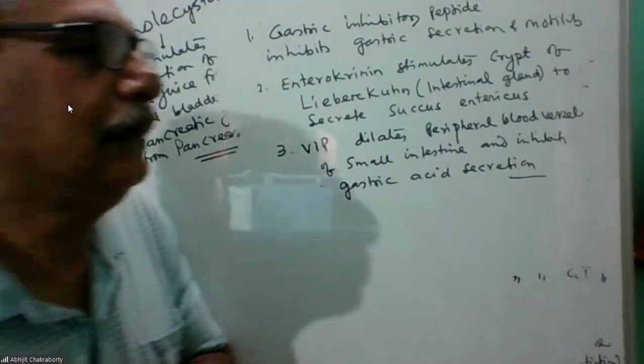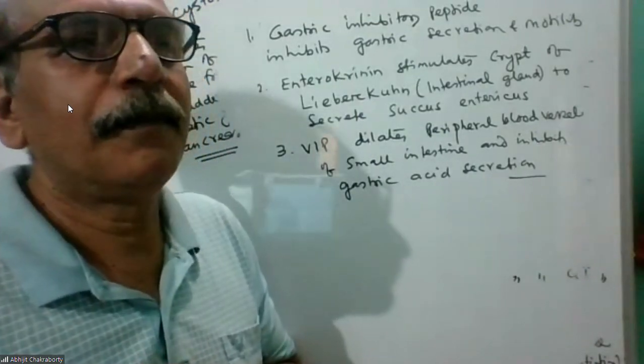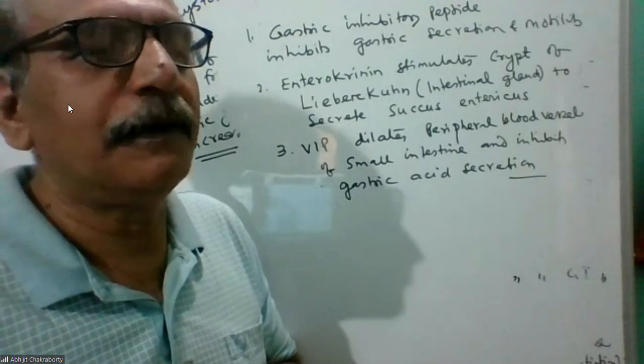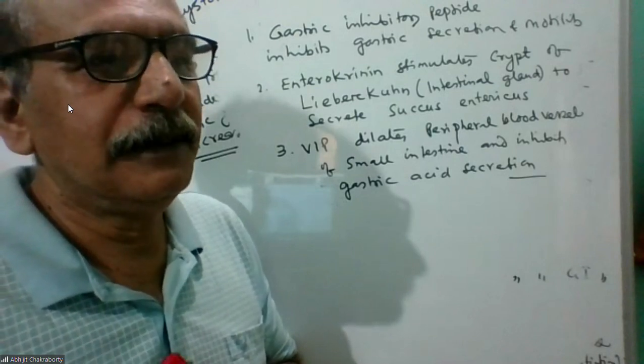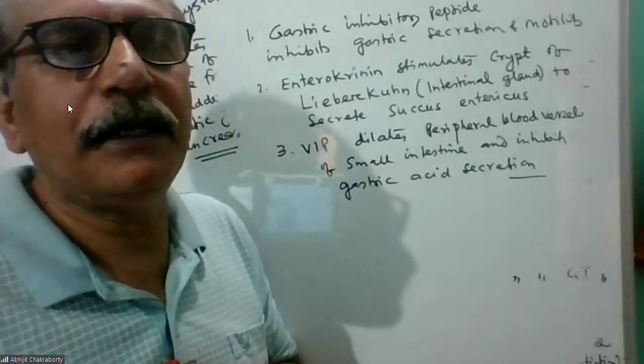Gastrin stimulates secretion of hydrochloric acid from the oxyntic cell of gastric gland and pepsinogen from peptic cell.